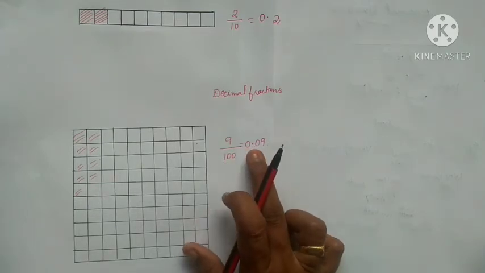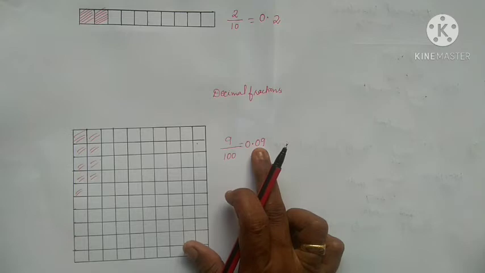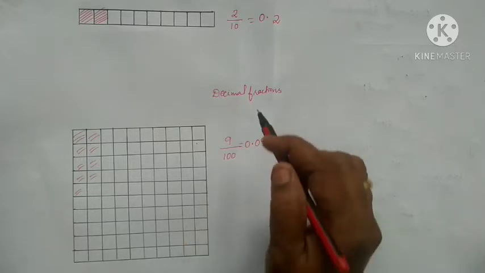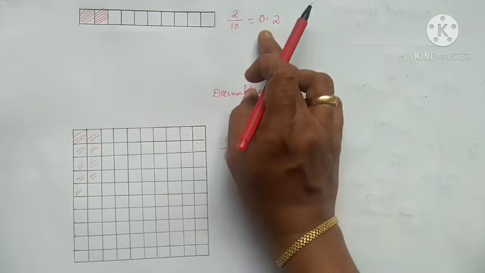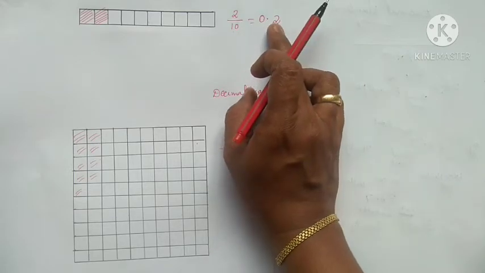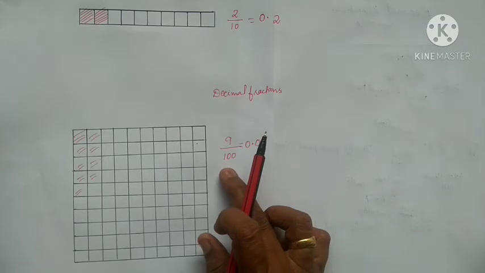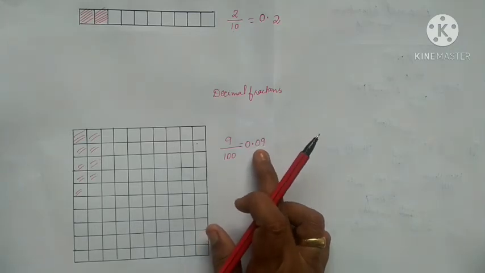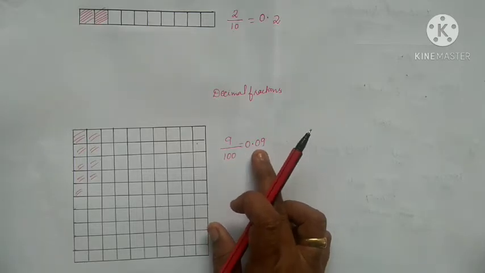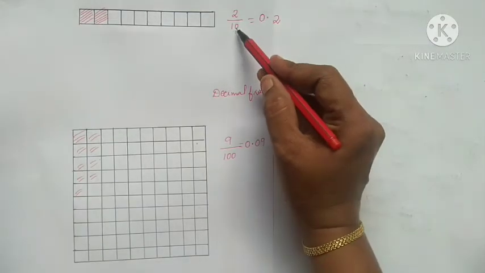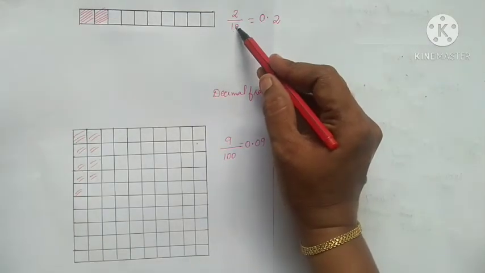So this is whole number part and this is decimal part. Understand? So 2 parts out of 10, we represent as 0.2, and 9 parts out of 100 we represent as 0.09.